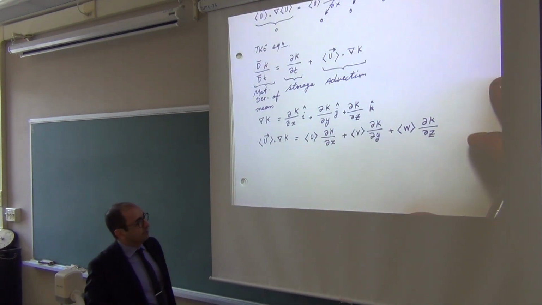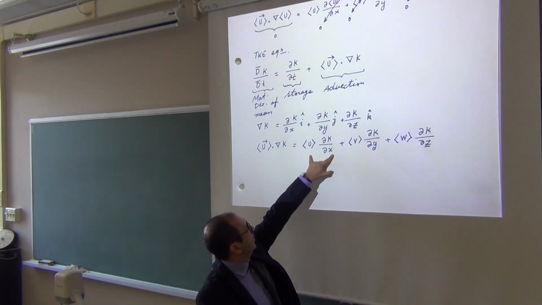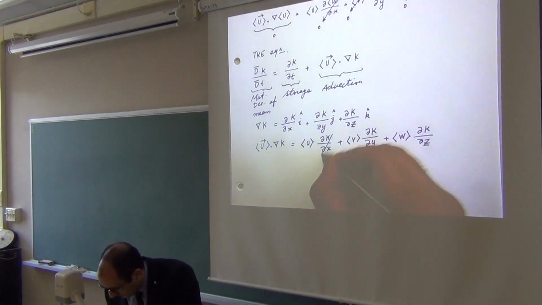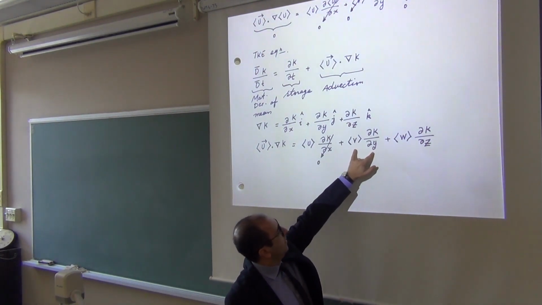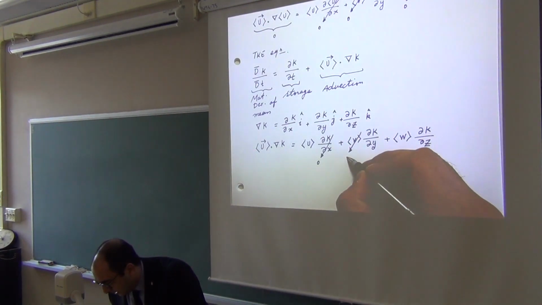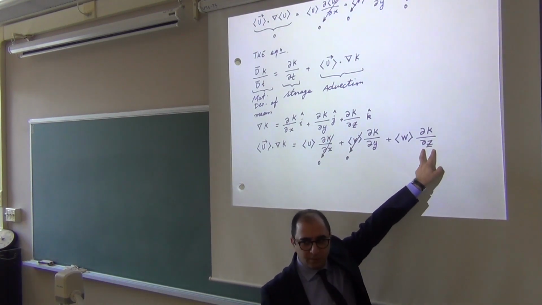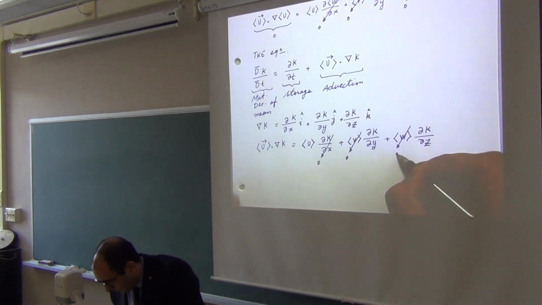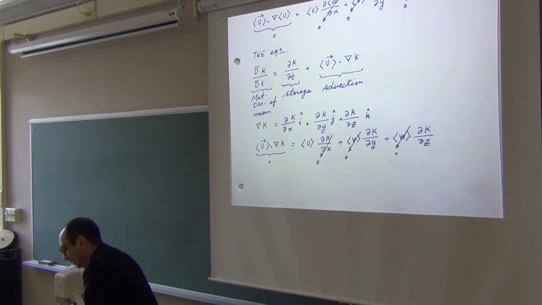So help me find which term in each of the three is 0. Which one of the two is 0 here? Partial K partial x. Which term is 0 here? In fact, both could be 0, but anyway, we explicitly assume v is 0. And here, is this term 0? No, K varies with height, but w is 0. So the whole thing must be 0. Okay?